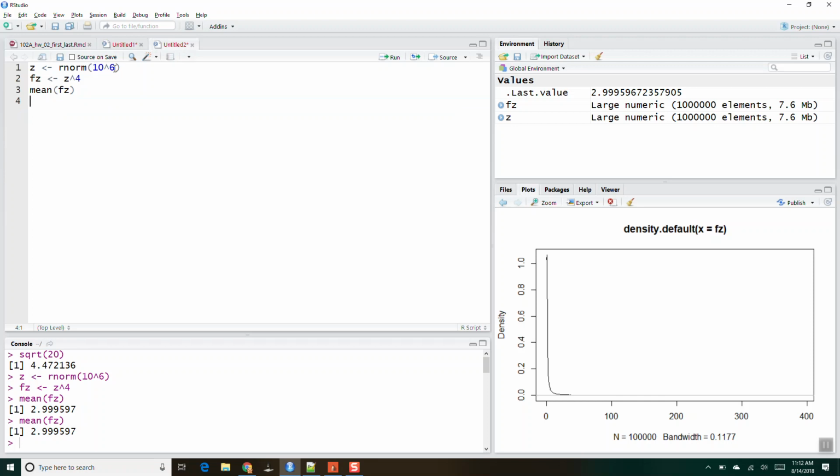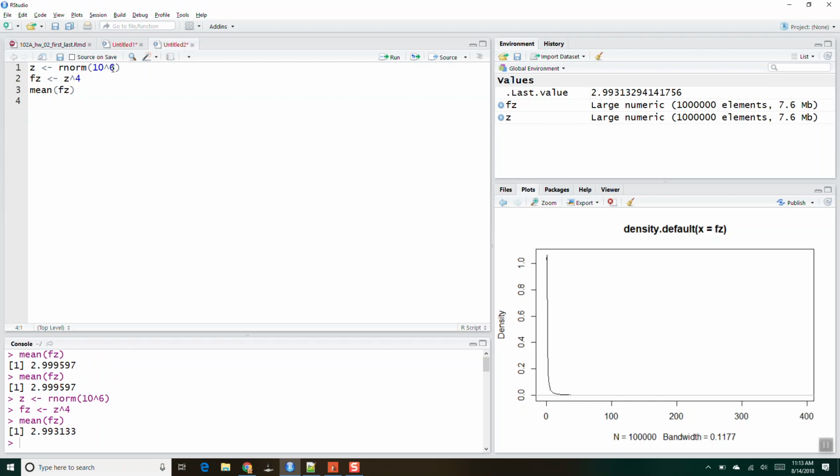I didn't do any math. I just said, that sounds really hard to do, but I've got a computer. I generated a million random normal variables, raised them all to the fourth power, took the mean, and got something like 3. And that's probably the correct answer, and if you did the integration, you'd probably get 3 as well.